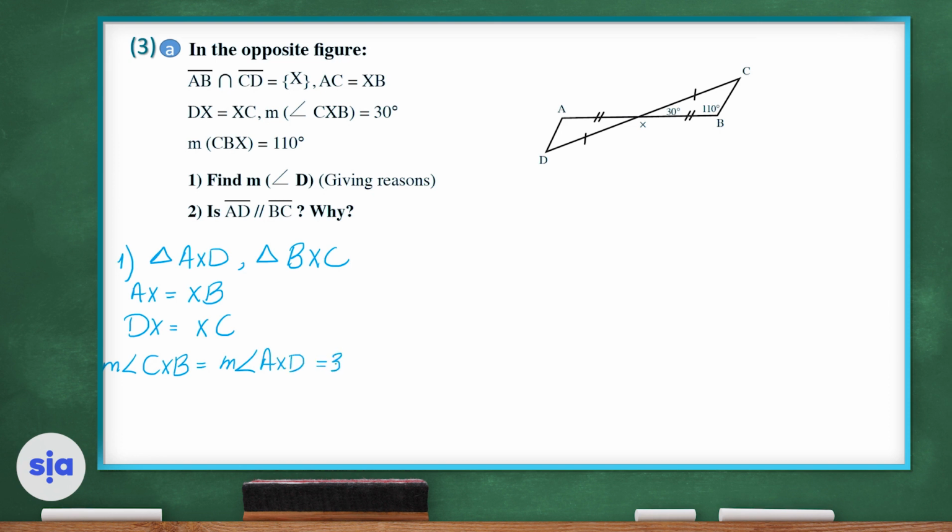Each of them is 30 degrees because they are vertically opposite angles.